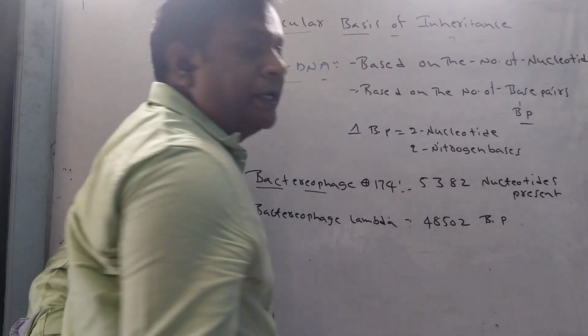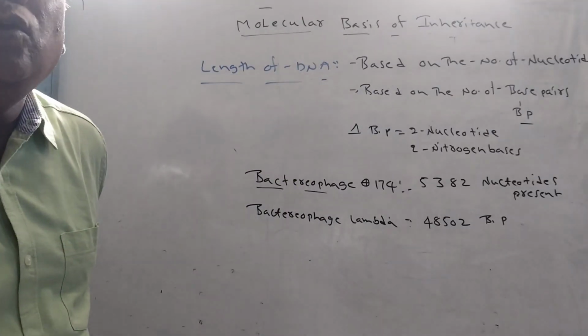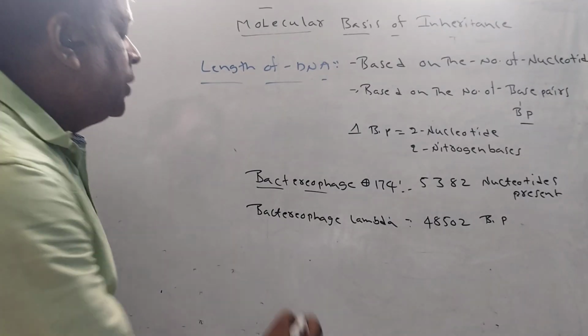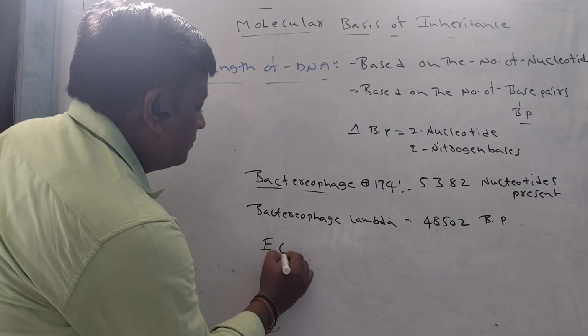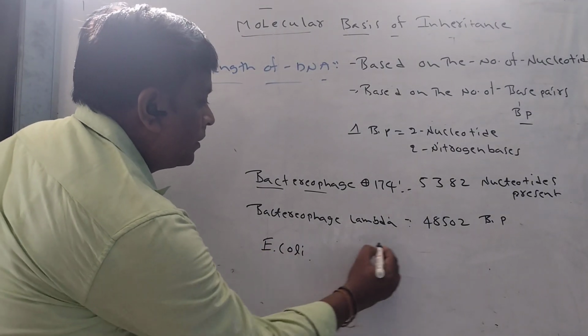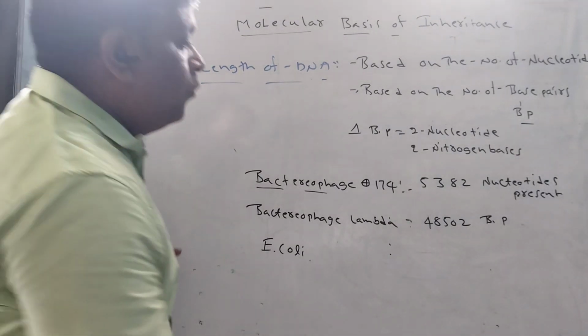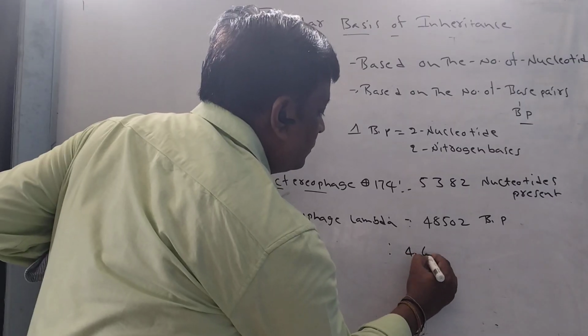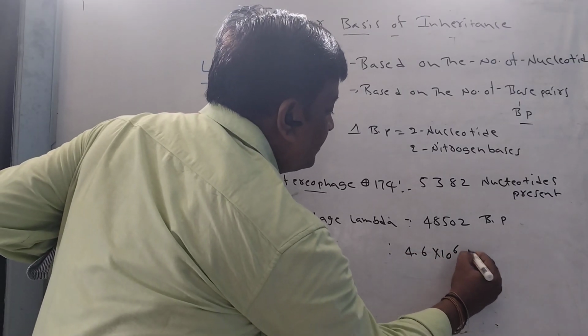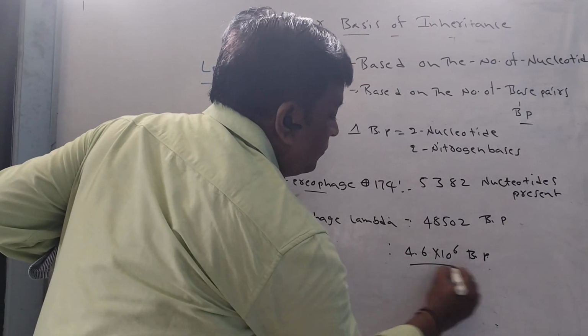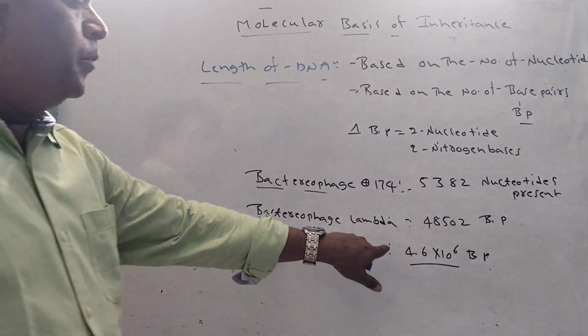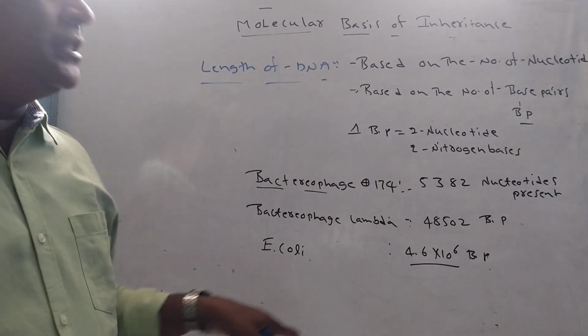These are base pairs present. And E. coli, Escherichia coli bacteria, has 4.6 × 10^6 base pairs. It's very important: 4.6 × 10^6 base pairs are present in the E. coli bacteria.